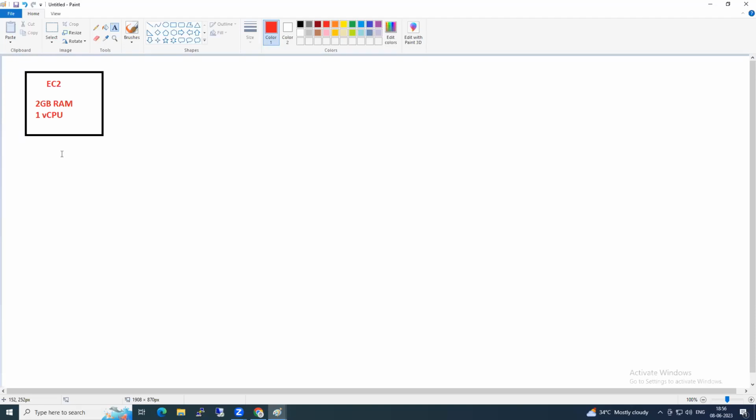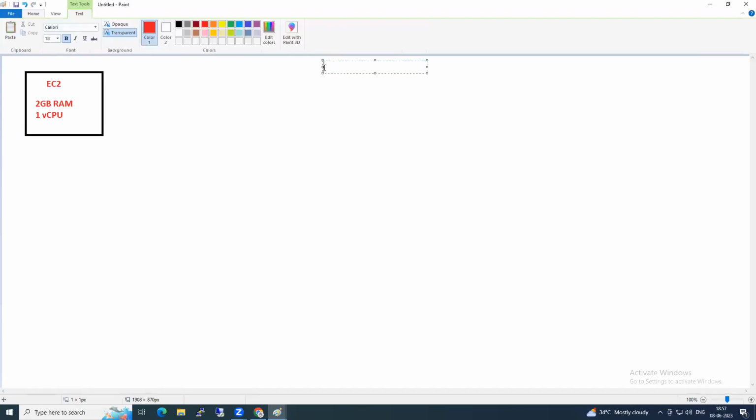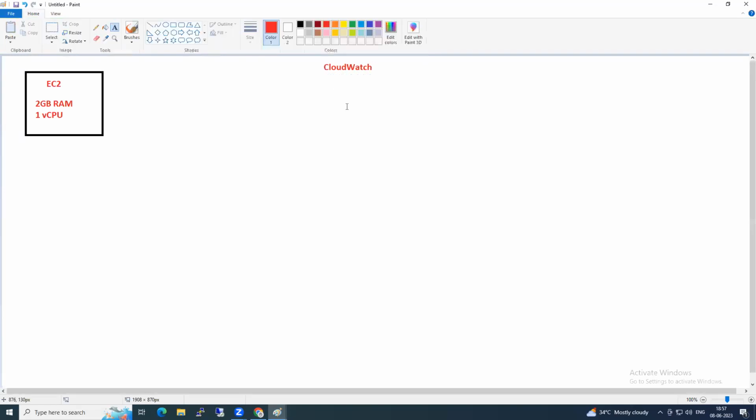That is called CloudWatch. The name itself says CloudWatch. It is watching. So can I say that CloudWatch is used to monitor our AWS resources?